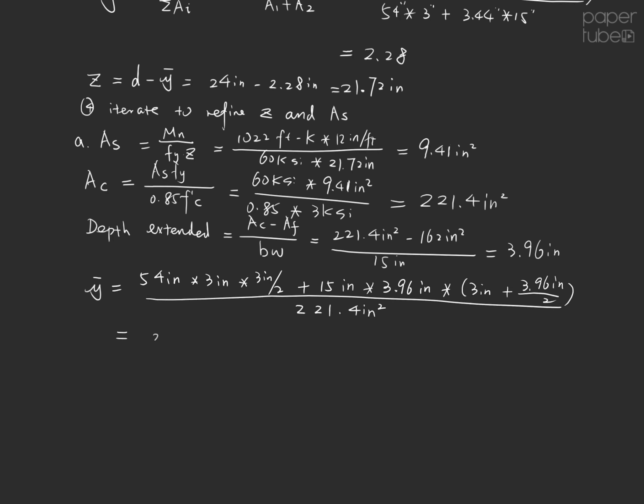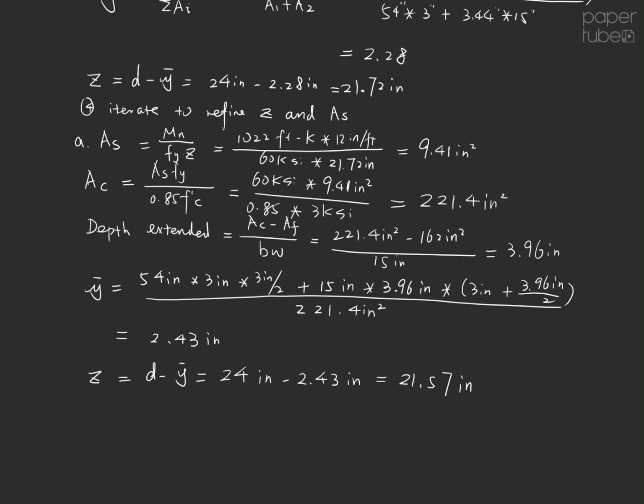That will give you your new Y bar as 2.43 inch. And your new moment arm is equal to d minus Y bar, that is 24 inch minus 2.43 inch, that is 21.57 inch. Right? It's still different than what we have, which is 21.72 inch before.